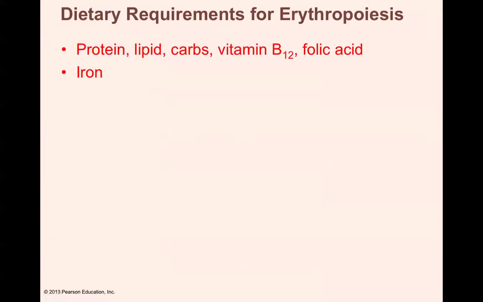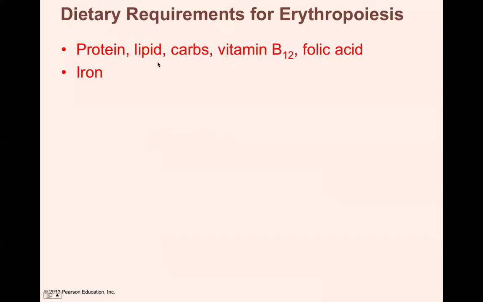So what do we need for the body to make red blood cells? Erythropoiesis, it's forming the red blood cells. You need to have protein. A good protein source in the diet allows the essential amino acids in order to make the hemoglobin molecule.